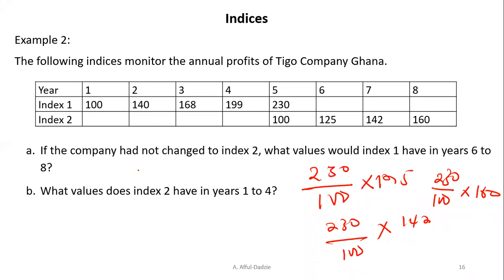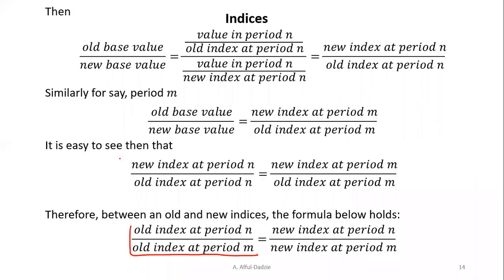So we take the old index divided by its new index and multiply it by the value at a certain point. It's like taking the reverse. If you go back to the start, because we are moving back, it is now the old index at the period over the old index at the period M.